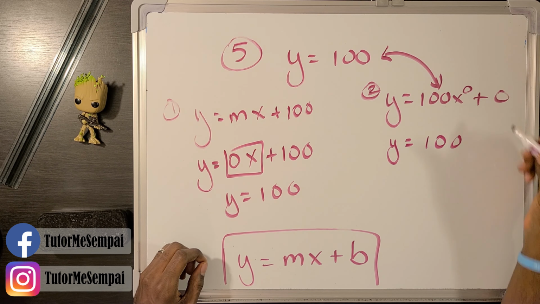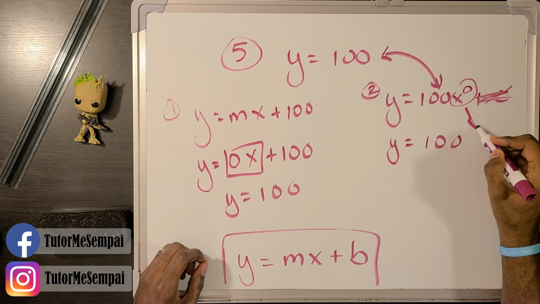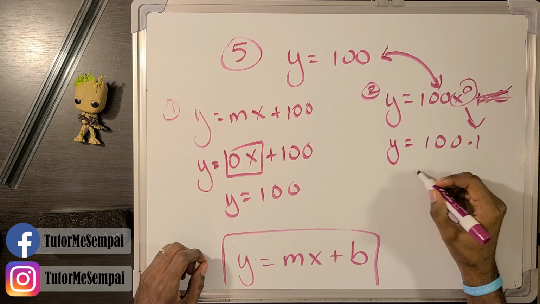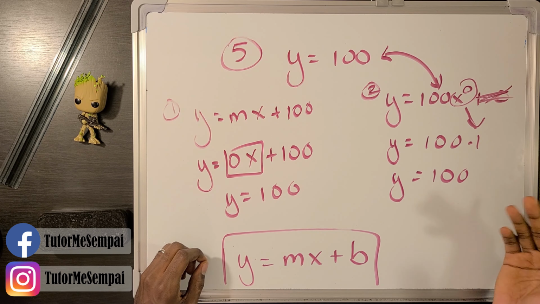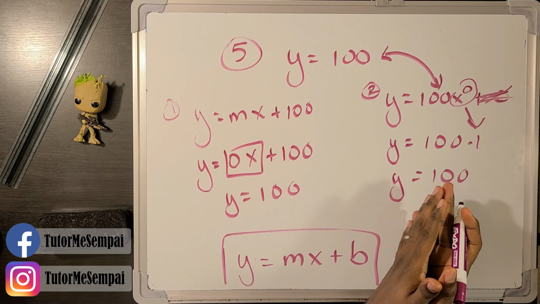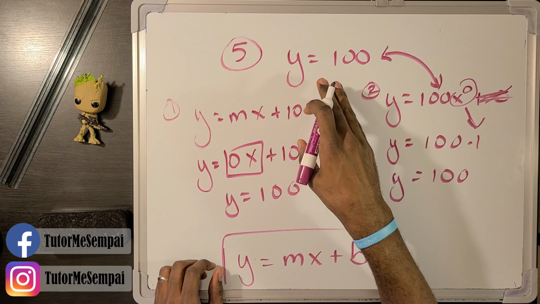If we were to simplify everything, we don't have to write that, and we know that x to the 0 is just going to be 1, and anything times 1 is just going to be itself. So this does result in y equals 100. Once again, this doesn't really fit what we think of a constant function, but mathematically it does give us the same equation.